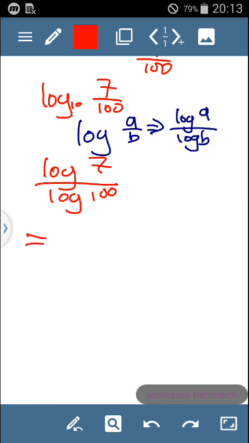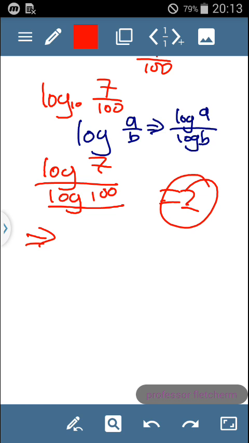But it is known that log 100 is equal to 2. You can use your calculator for that one. If log 10 is equal to 1, log 100 is equal to 2, log 1000 is equal to 3, and it goes on like that. So basically we are saying log 7 over 2.